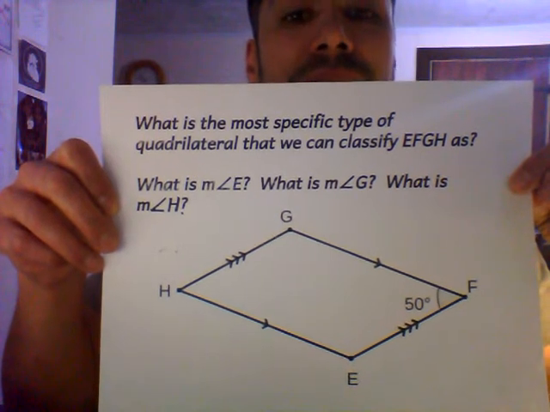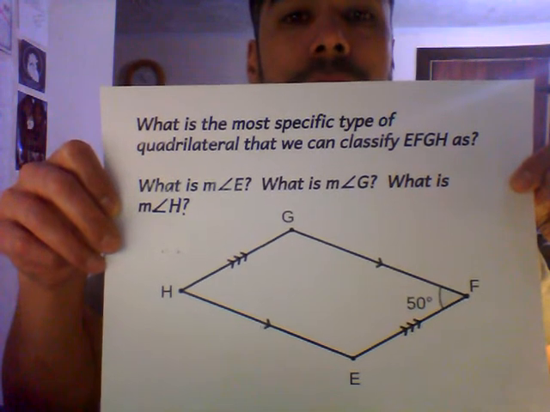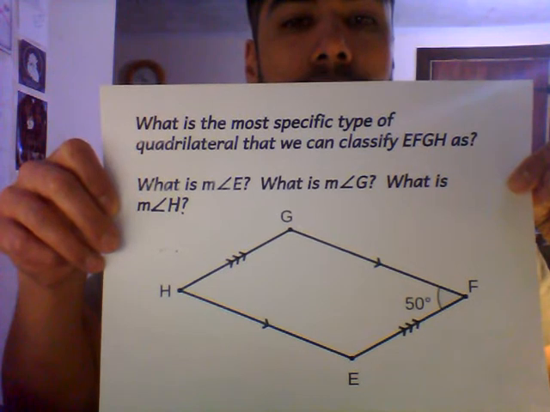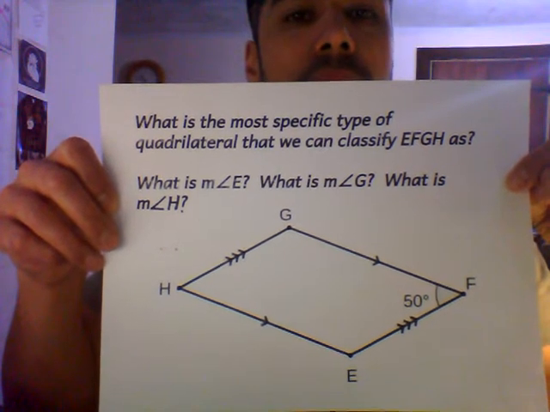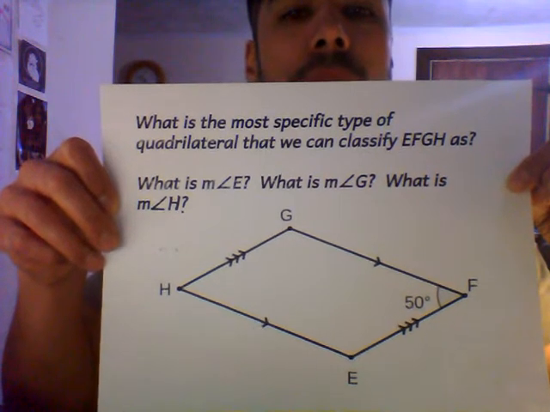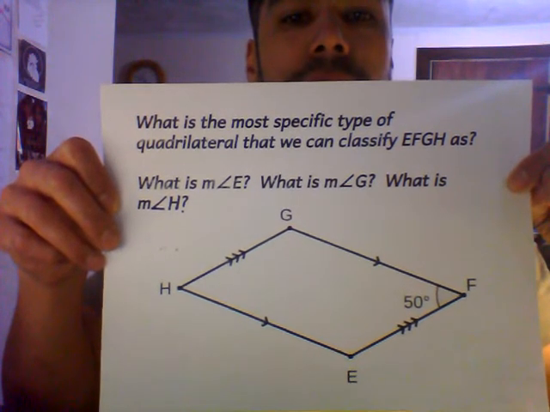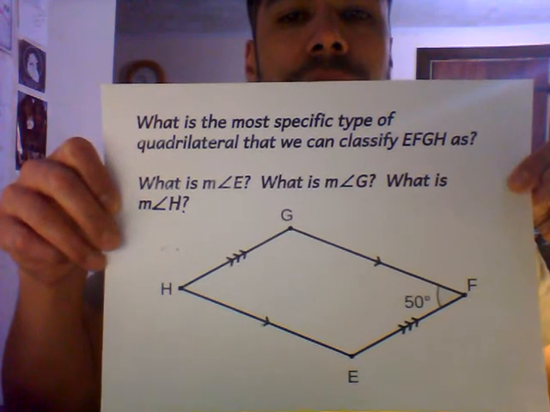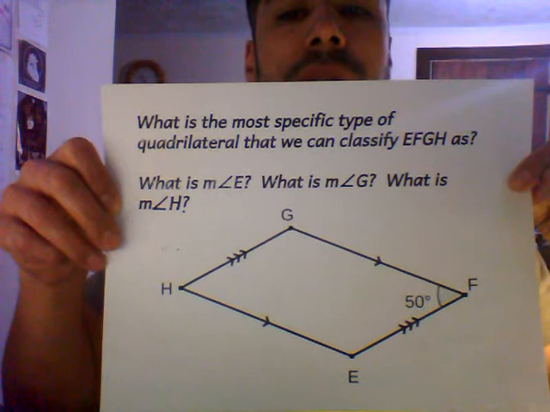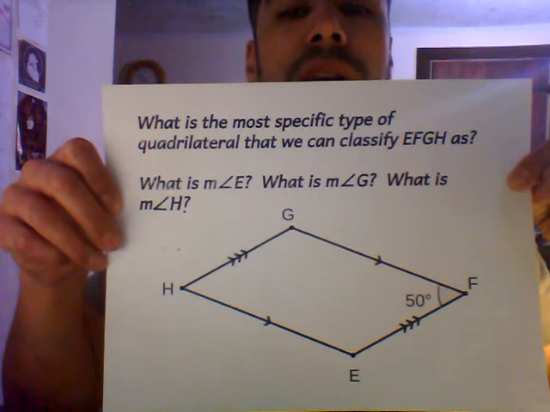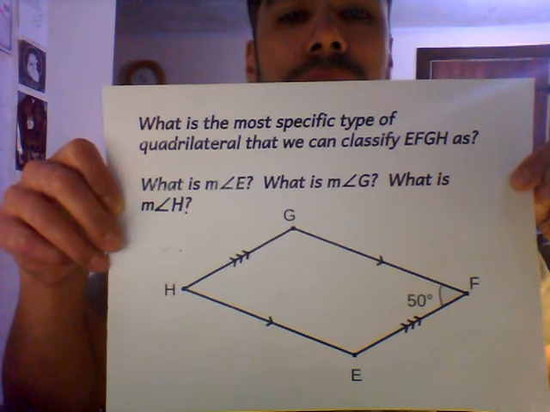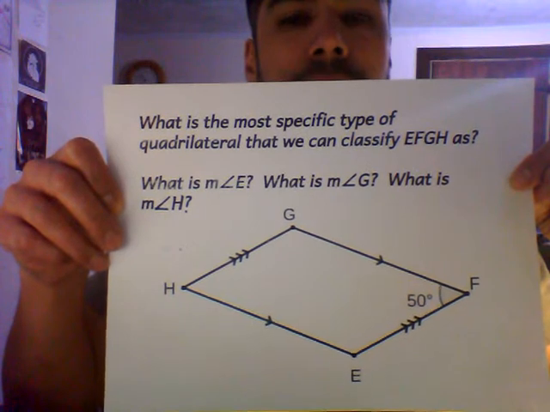So this is a parallelogram. Based on what we were just talking about, we can figure out all of the angle measurements here. We can figure out the measurement of angle E, the measurement of angle G, and the measurement of angle H, because we're given the measurement of angle F. Angle F is 50 degrees, so what are our other angle measurements going to be here?